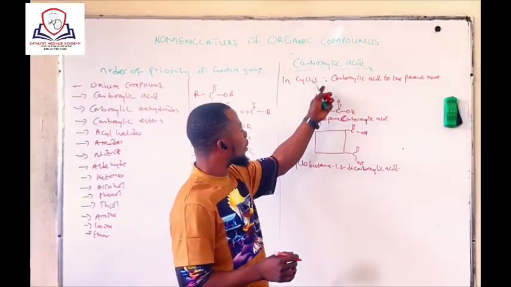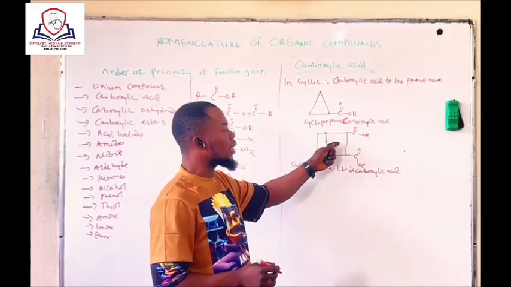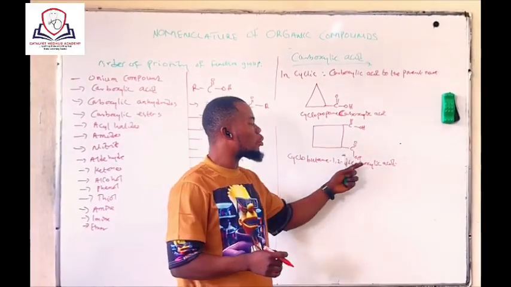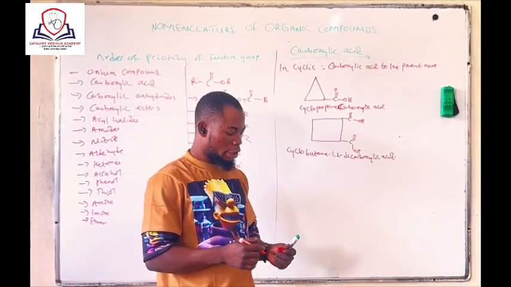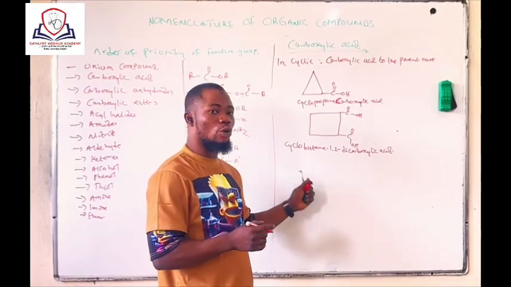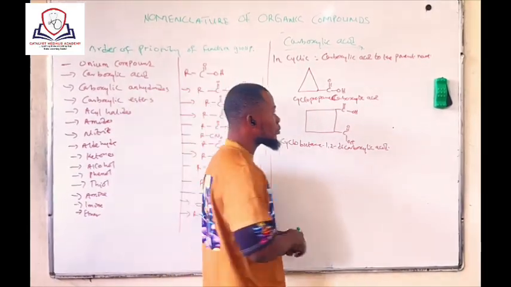So once a carboxylic acid is found in a cyclic structure, you just add carboxylic acid to the parent name. Don't forget cyclo should be in your parent name.